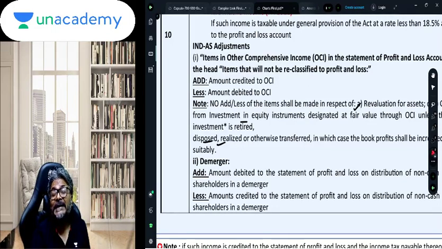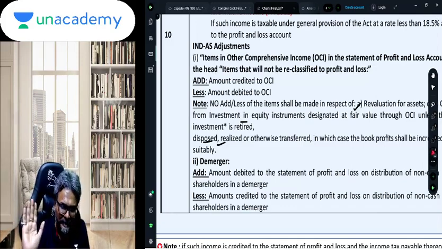Please don't do any adjustment in respect of those assets. Similarly, in respect of any revaluation done as per Ind AS on the equity instrument investment which you hold, again on that particular revaluation you are not supposed to do any adjustment of the credit or debit, as the case may be. No adjustment will be done.